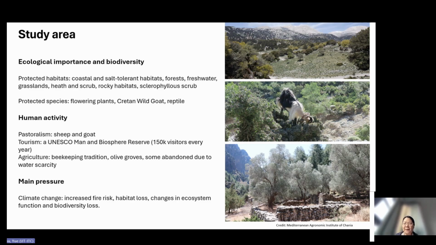There has been traditional agriculture, including beekeeping and olives, but many are abandoned because of climate change-induced water scarcity. So the main pressures on our study site are climate change-caused, such as increased fire risk, habitat loss, and also changes in ecosystem function and biodiversity loss.